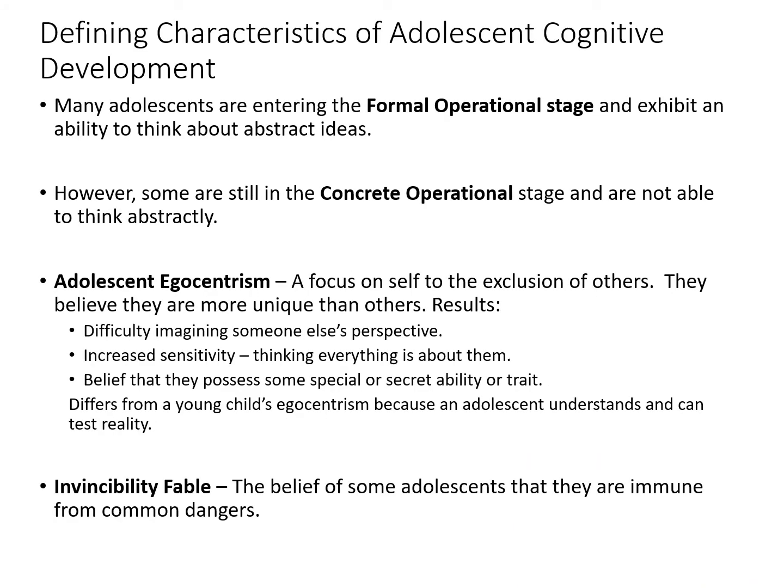Let's put some of these ideas together. And because this is an adolescent psychology course, focus on the defining characteristics of adolescent cognitive development. We know that many adolescents are entering the formal operational stage and exhibit a beginning ability to think about abstract ideas. They're not always very good at it yet. They're still learning.